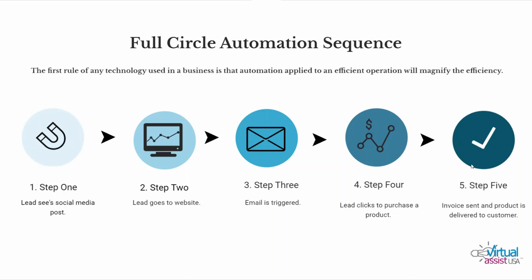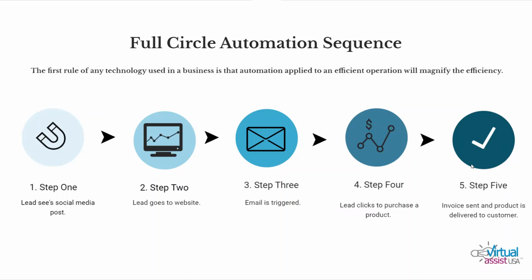However, it can be as advanced as using an automation tool to send out a social media post. This post then entices a lead to go to your website. The lead clicking on your website triggers a retargeting ad or an email to go out. That same lead perhaps clicks a link in a new email to circle back to your website and decides to directly purchase a product or service.